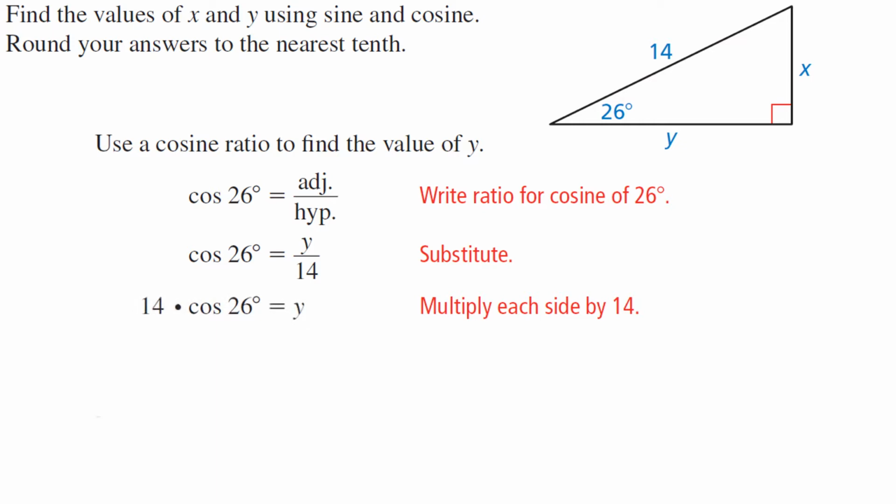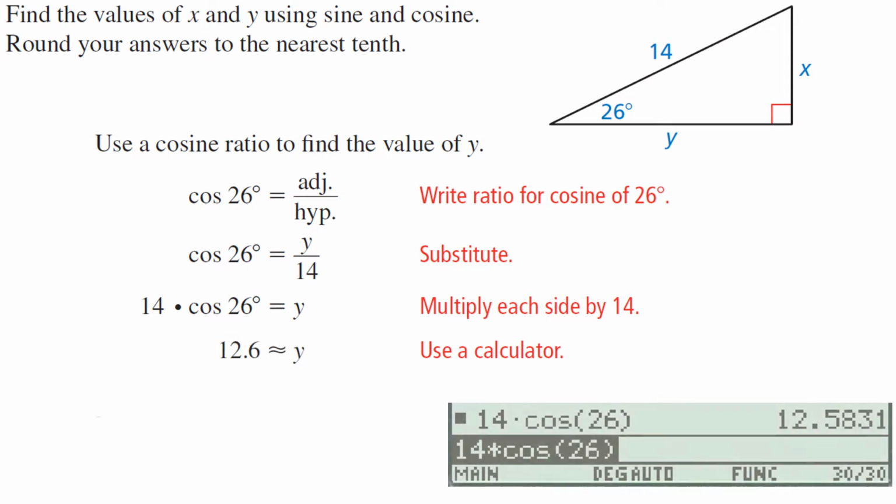Multiply both sides by 14. Use the calculator. Again, once you get it set for degrees, you can just leave it alone, it'll stay there. But for your initial setting, you've got to make sure you're in degrees. y is about 12.6.